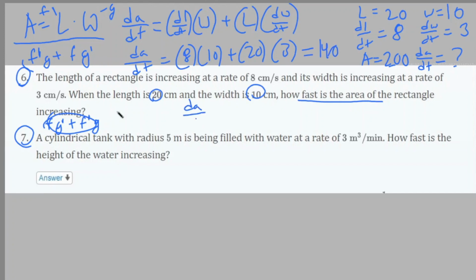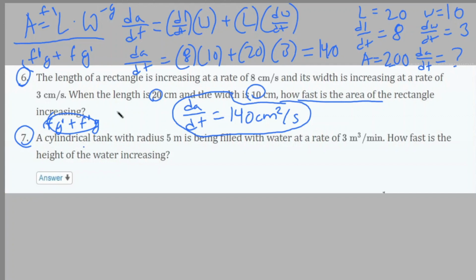So dA dt, which is what we're looking for, is going to be 140 centimeters squared per second. And that is how fast the area of the rectangle is increasing when the length is equal to 20 and the width is equal to 10 centimeters. And that would be the final answer for number 6.